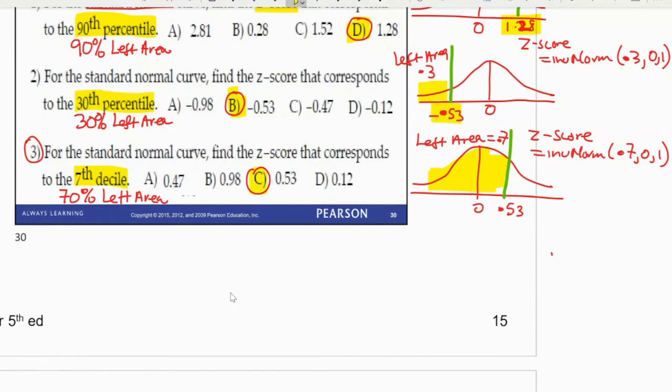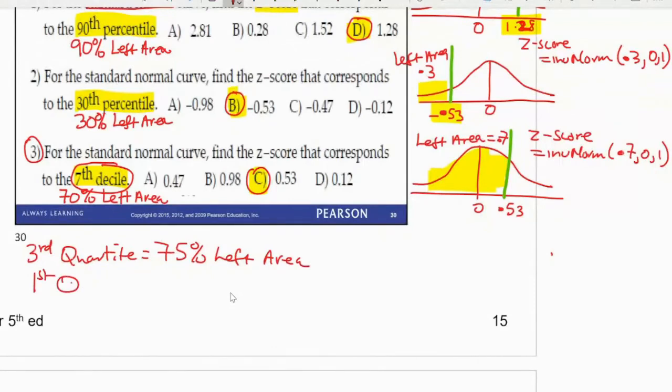Okay, so these are the kind of things we're going to do. Let me also say this before I move to the next slide. Now, you see how I talk about 7th decile? It could maybe say 3rd quartile. If the question says 3rd quartile, then we mean 75% left area. If the question says 1st quartile, then it means 25% left area or percentile.